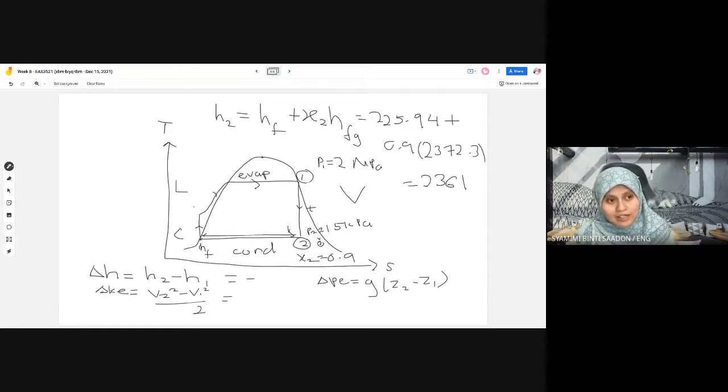So in the ideal case, sometimes we neglect the potential energy and the kinetic energy compared to the enthalpy.